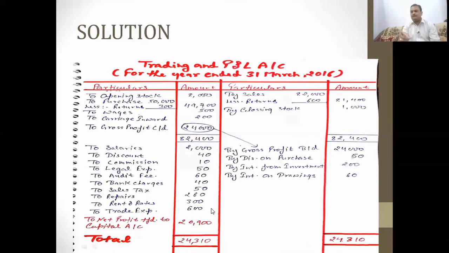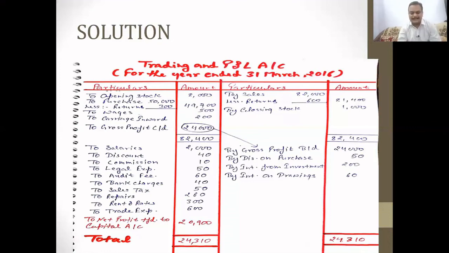We total these items, and after that compare debit balance to the credit balance. Credit balance is more than the debit balance, so the answer will be net profit, and this balance appears on the debit side of profit and loss account, and this is called net profit, and it will be transferred to the capital account.